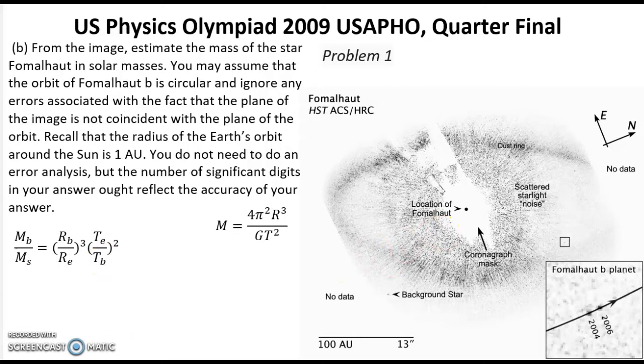Let's calculate further. Now we have to estimate the radius of the orbit of this planet, which is here. We can use this scale and calculate that this radius is approximately 110 astronomical units, the radius of Earth's orbit.